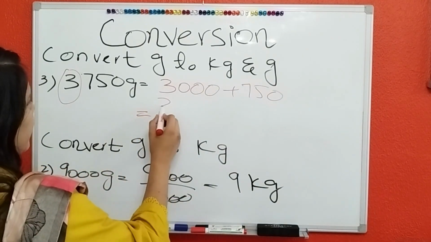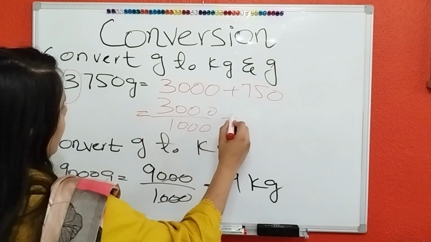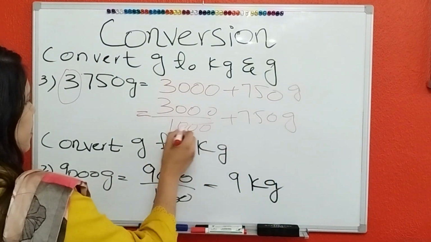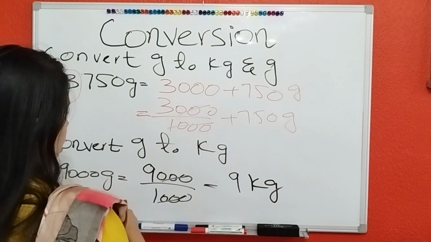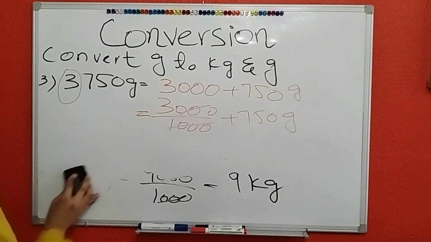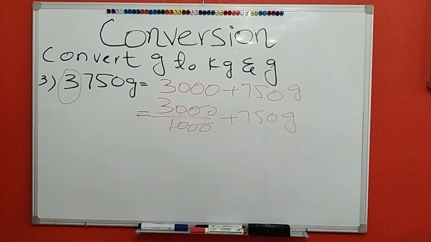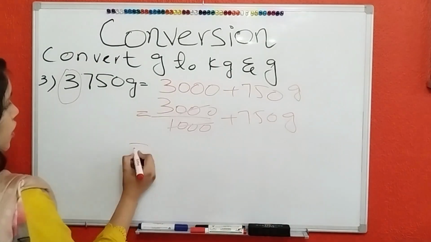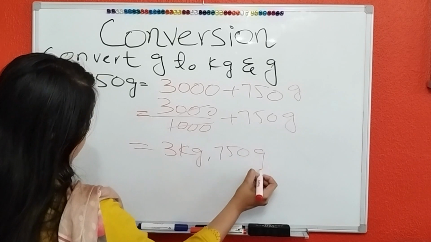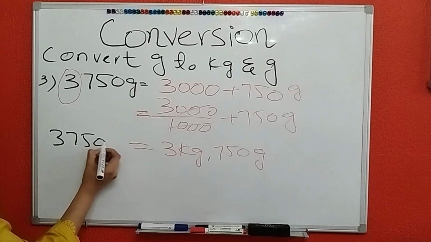To do this I am dividing 3000 by 1000 plus 750 gram. Let's cancel this. What will I get? 3 kg and 750 gram. So this is the answer of a very easy question.